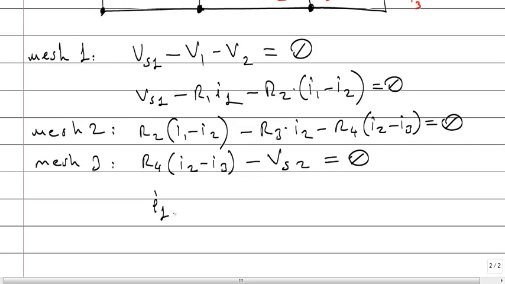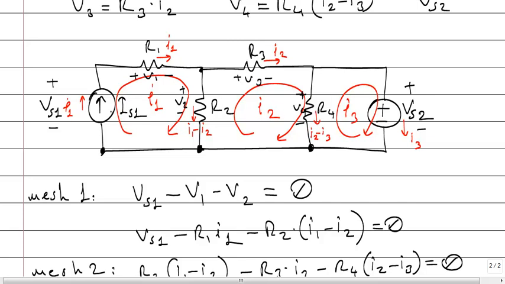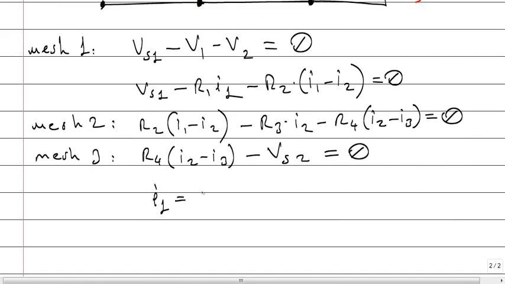Small I1 is what? I source 1. If there is a current source in the circuit, it's very easy to see some mesh currents. Small I1 is I source 1. It's given.